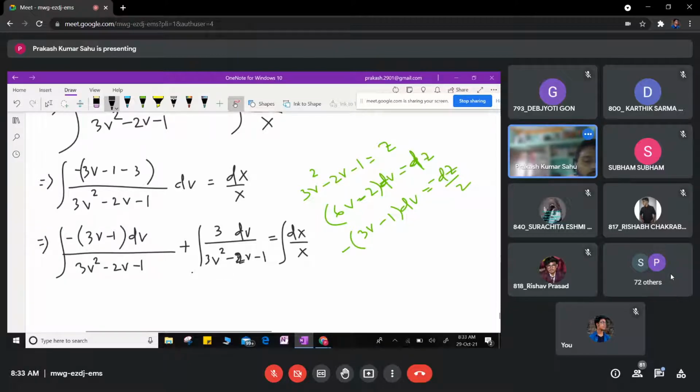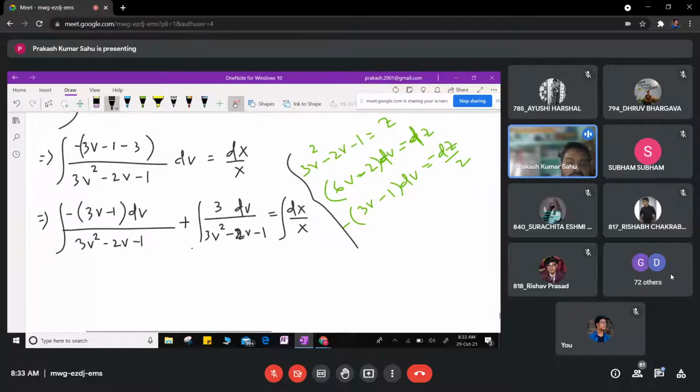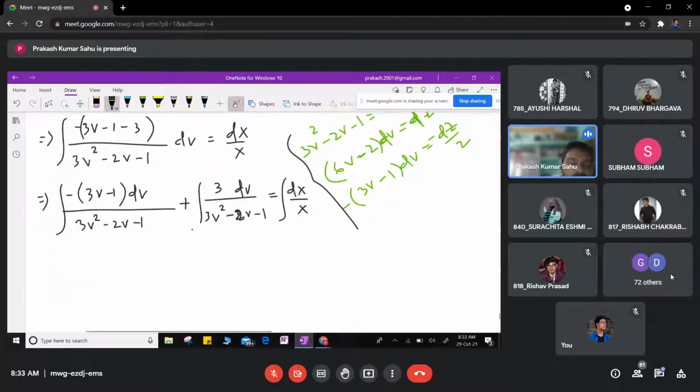Is it correct? Yes, sir. Yes, you can say minus 3 divided, minus dz by 2, so you can substitute there. But in the second integration, you have to substitute like this. You have to squaring both sides.